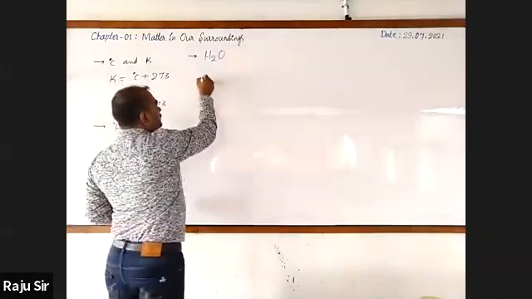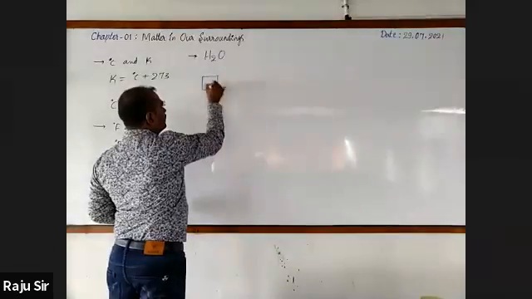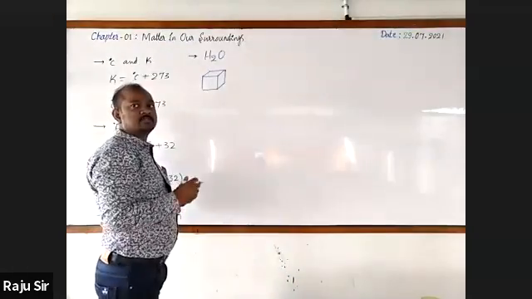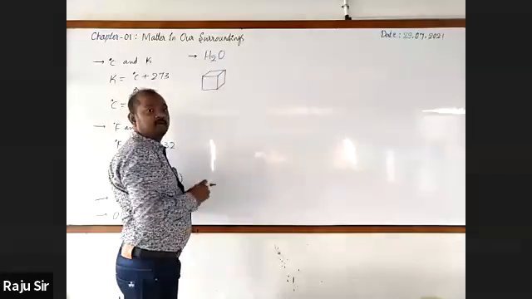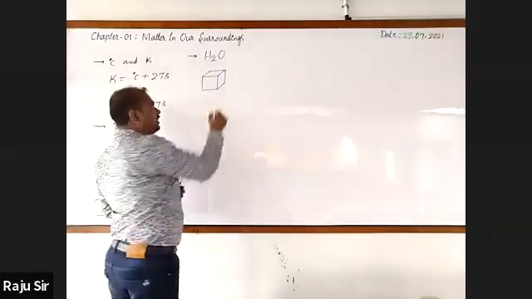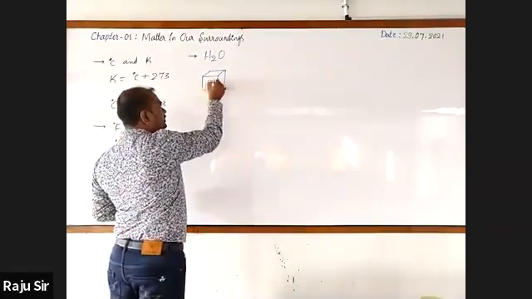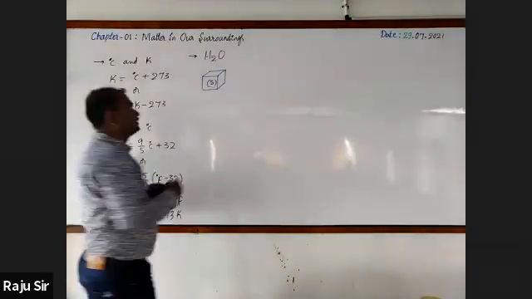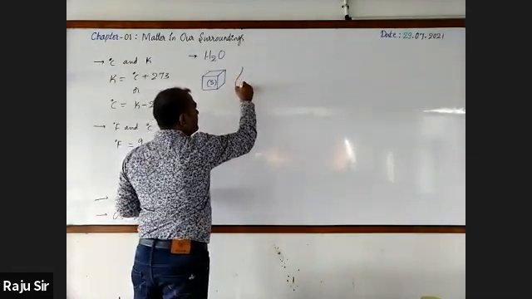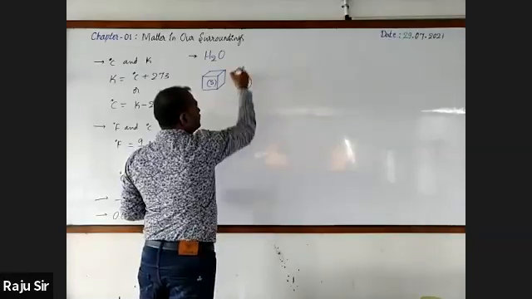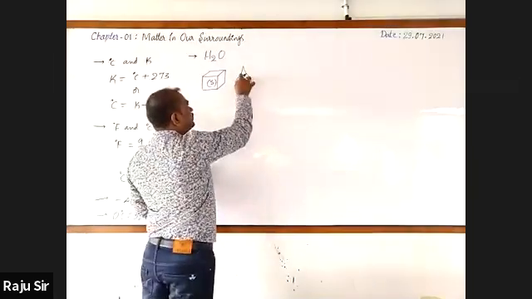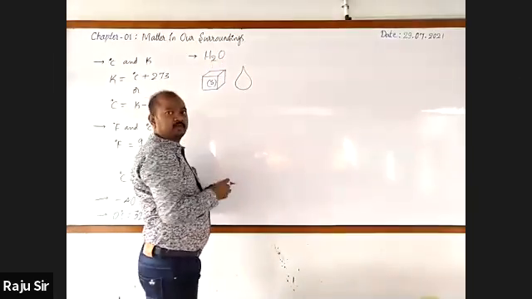Here, it is an ice cube, which is made of H2O water, and we call this state as solid. Next, now I've taken a drop of water. Liquid. Made of water molecules.